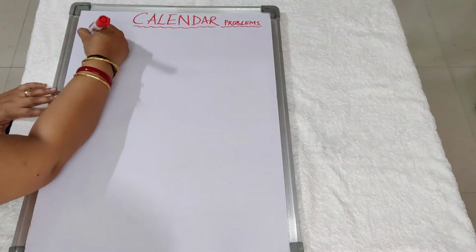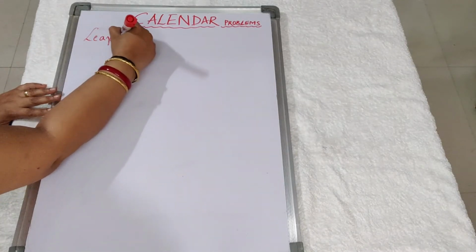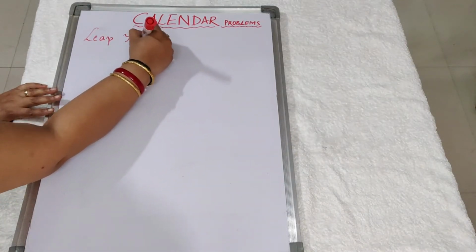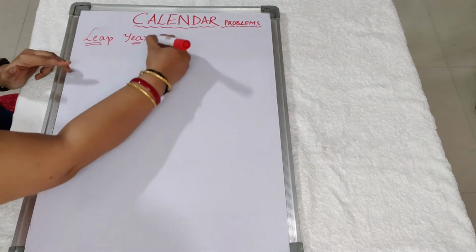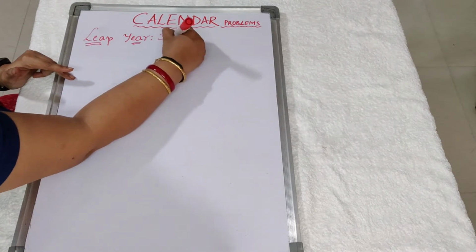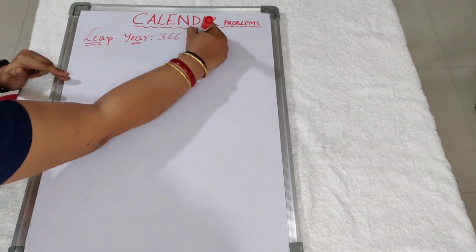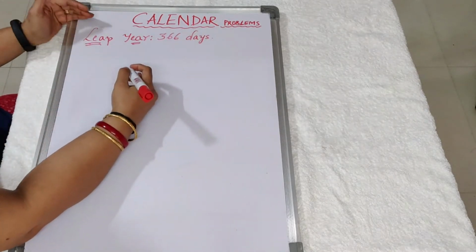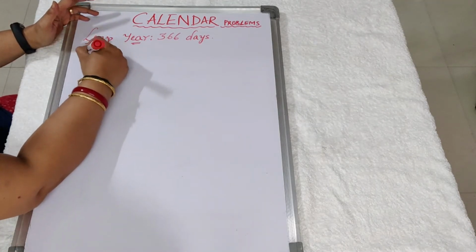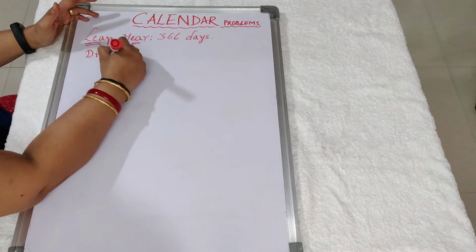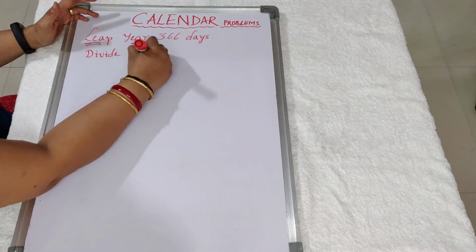So now we are doing leap years. How do you know if a particular year is a leap year or not? As I told you, it has 366 days. A leap year is usually divisible by 4.